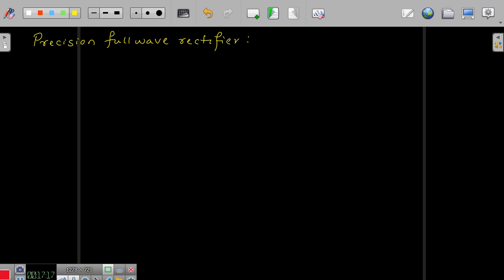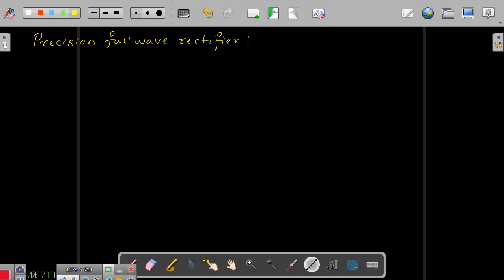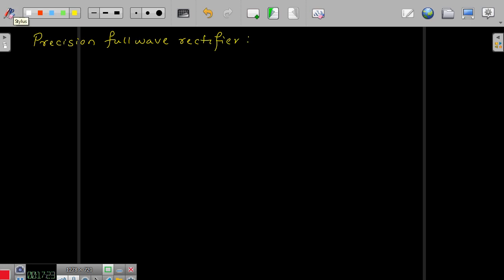Precision full wave rectifier. First, let me draw the circuit. All of you please copy down the circuit.